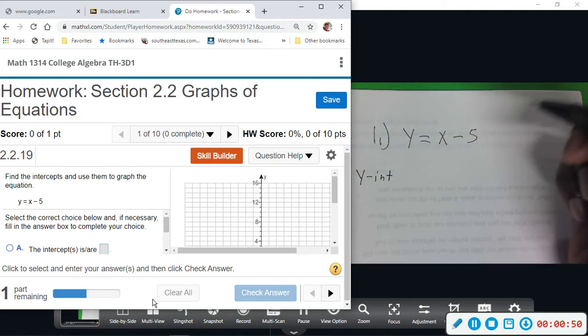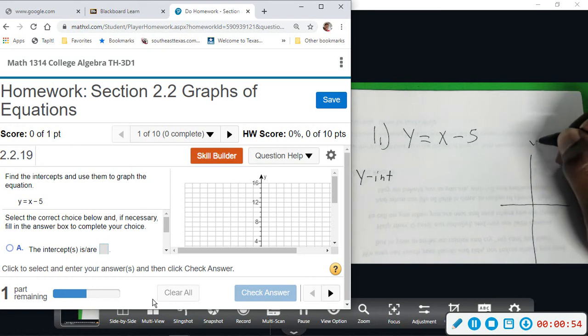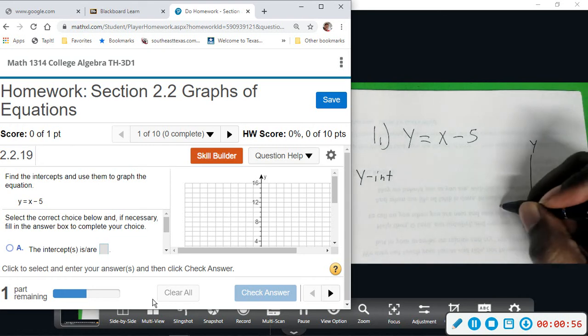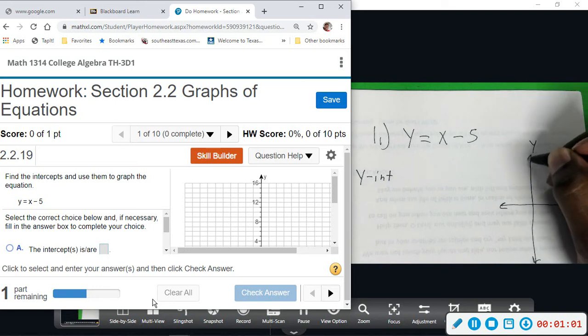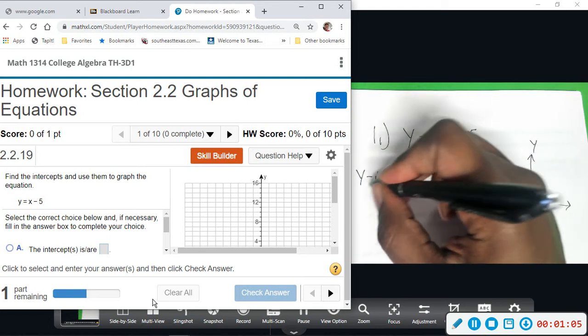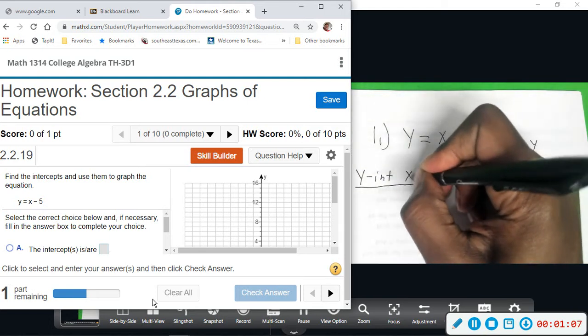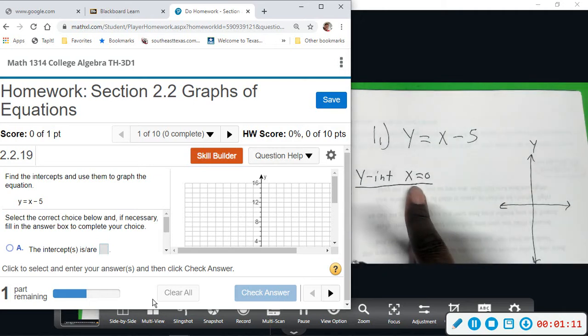The y-intercept is where the graph crosses the y-axis. If you had an x and y plane, at some point this graph would cross the y-axis. It's very important to know, if you're looking for the y-intercept, that the x value equals 0. That's the key, knowing that one or the other is 0.